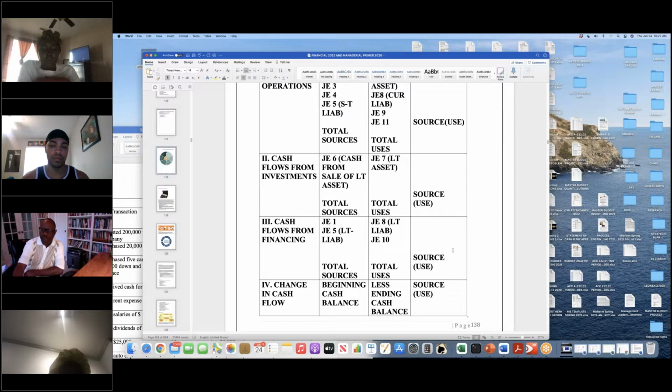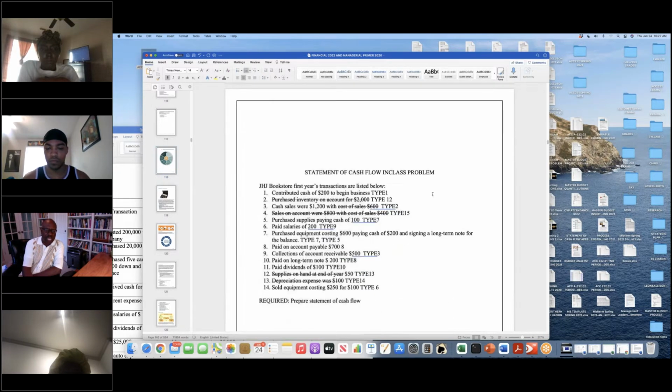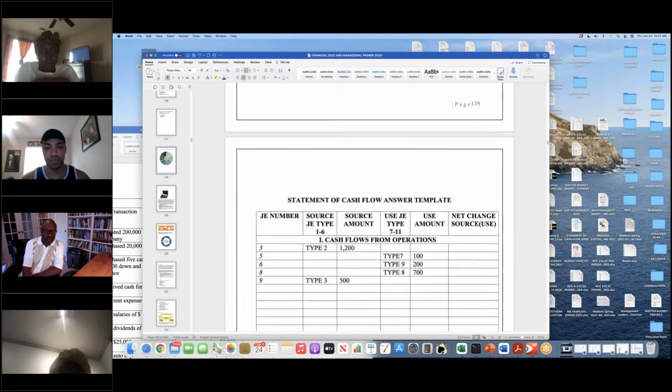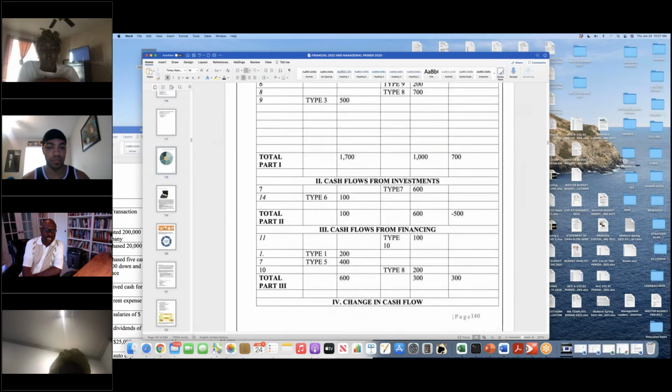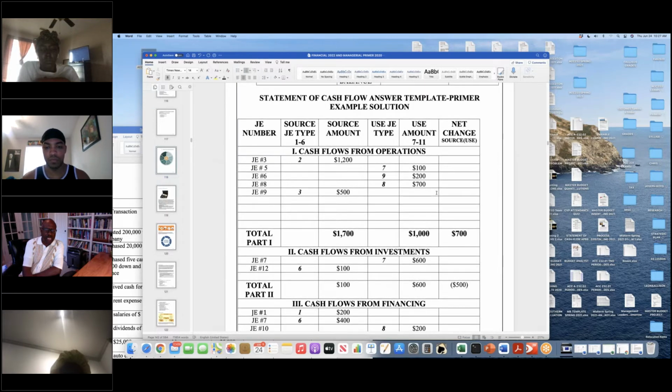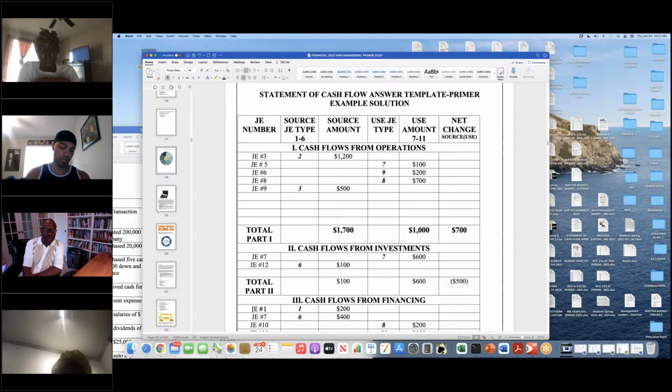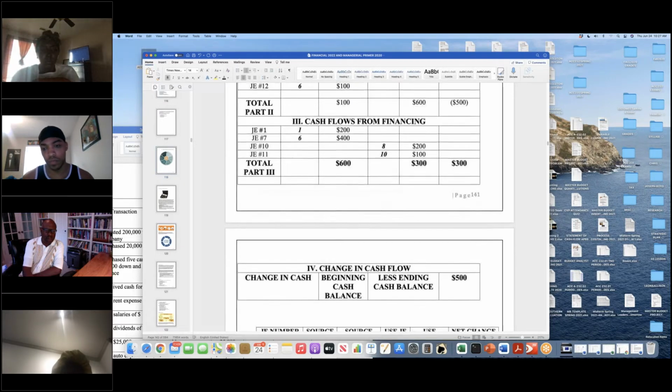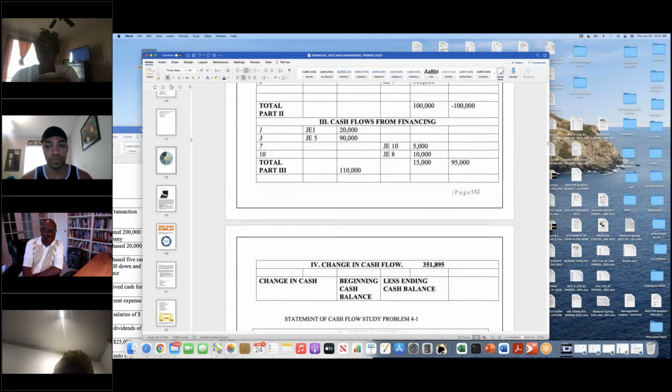And then I made a template out in terms of how you do it. And we had this example, and we looked at this example, and we showed, let me see if I've got a free template.